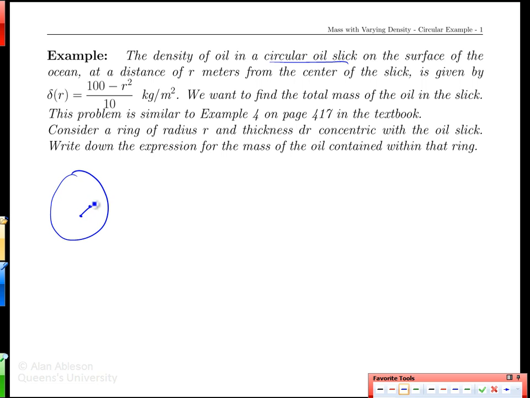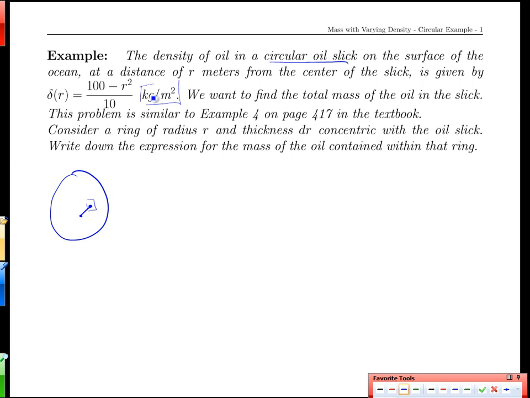If we want to know the density of the oil on the water, we can use this formula here, 100 minus r squared over 10. Notice the units, kilograms per meter squared, so this is pretty reasonable. If I cut out a meter of surface area here, or took a meter squared of water and fenced it in with buoys, here's how much oil I would have, and kilograms is a pretty natural unit for that.